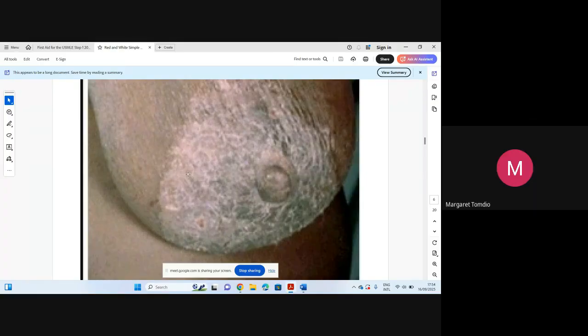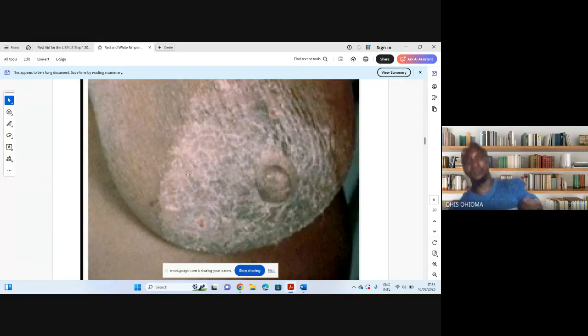All right, great. So this is an eczematous erythematous rash around the nipple, and you can see what we're talking about here. So this is Paget's disease. They might ask you this in the exam, the cells that are affected.